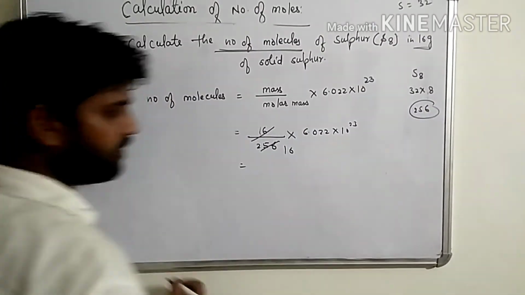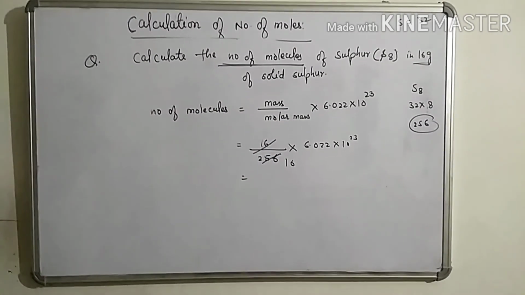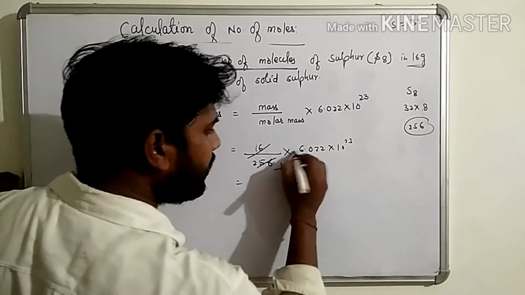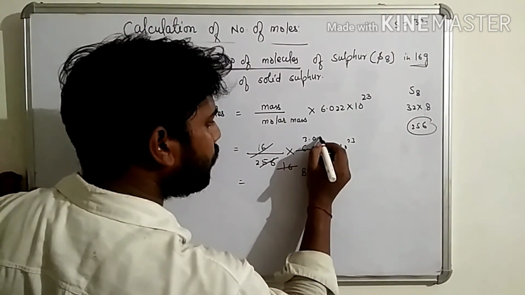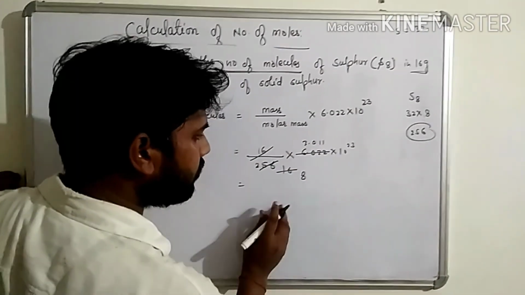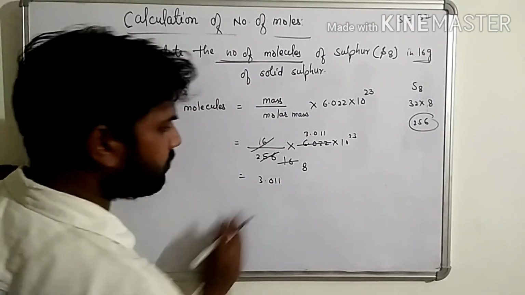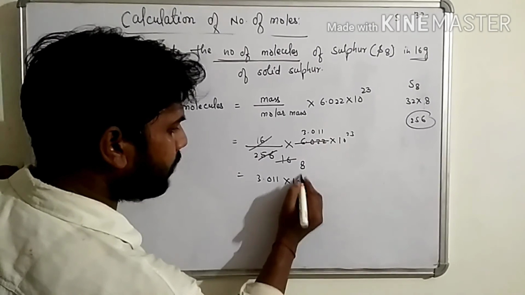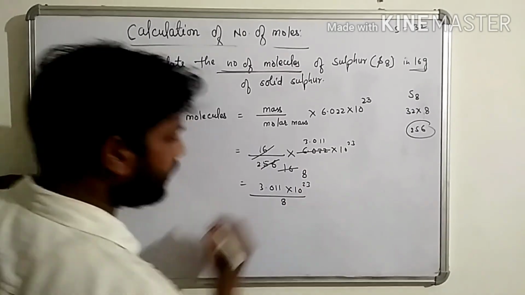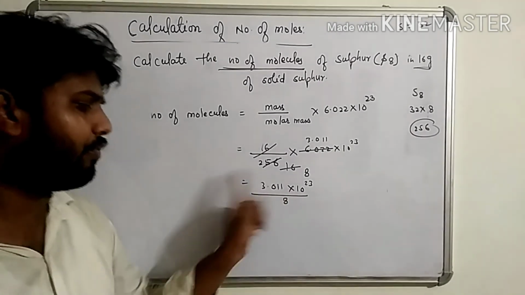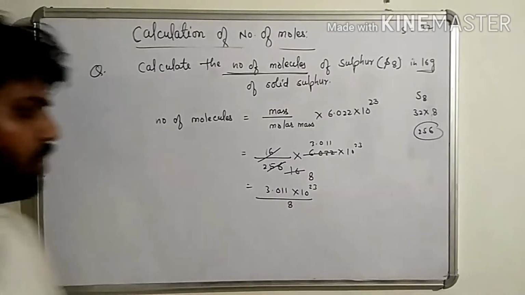Clear? 3.011 into 10 to the power 23 by 8. Now divide, children, you will get the value of this. Clear?